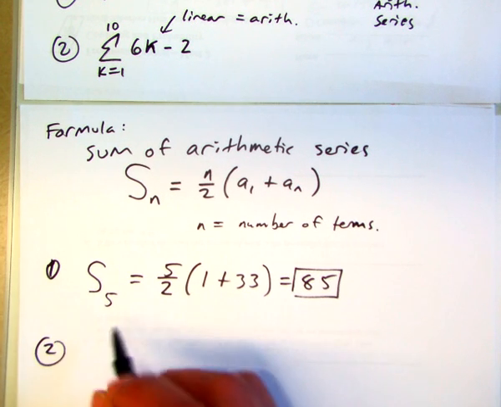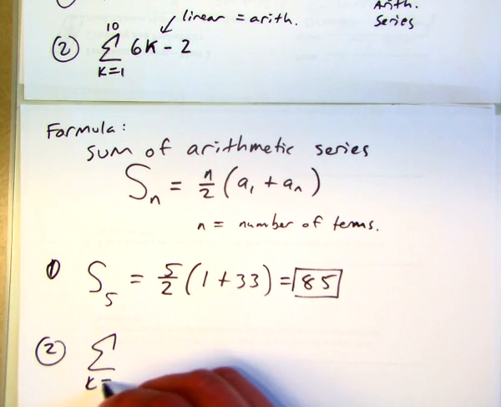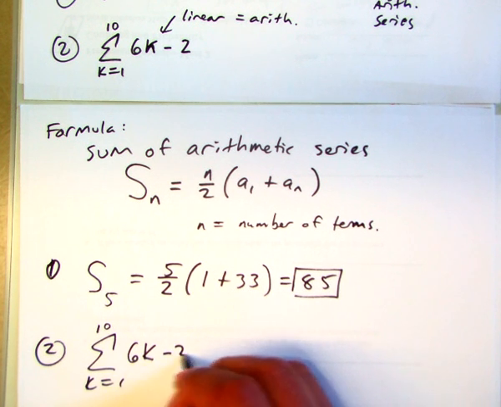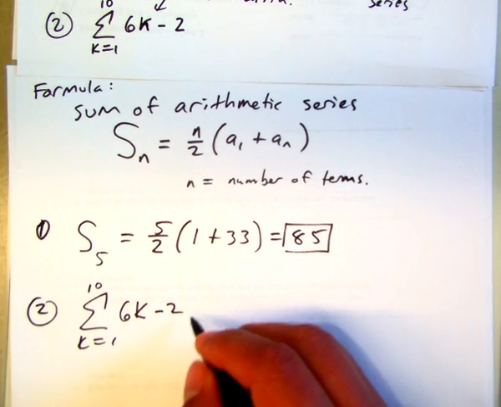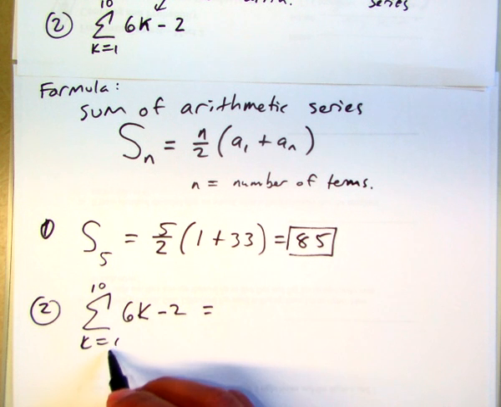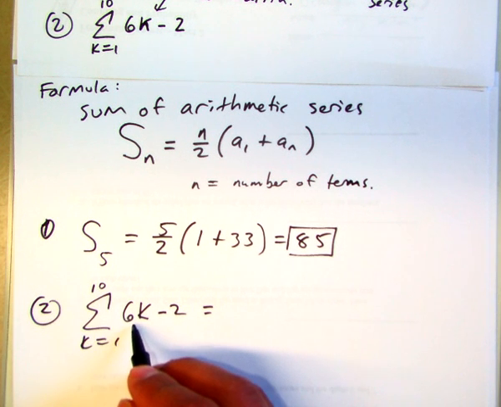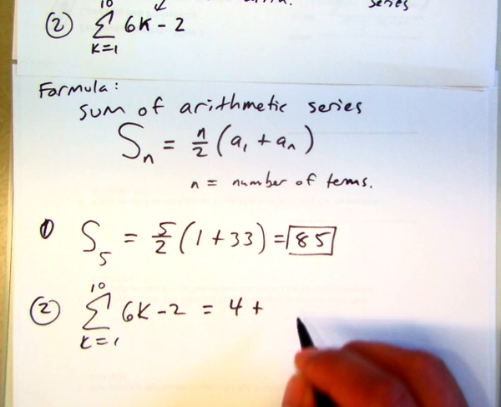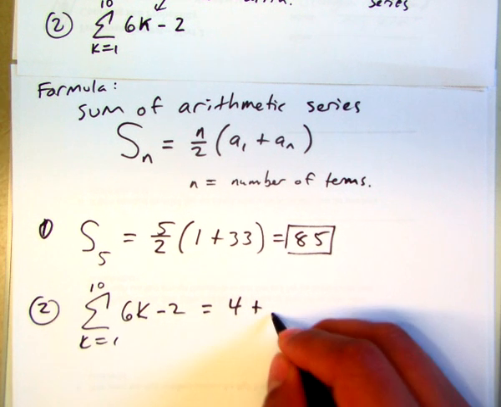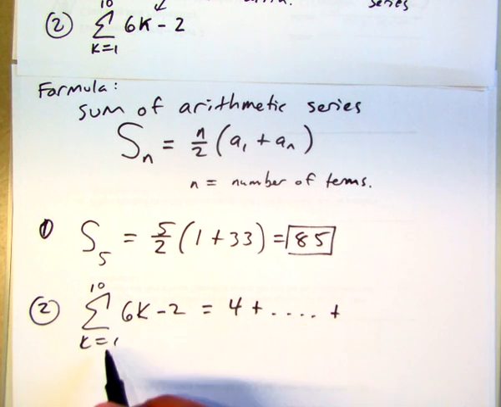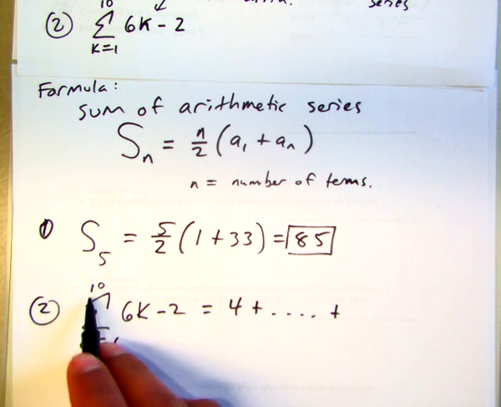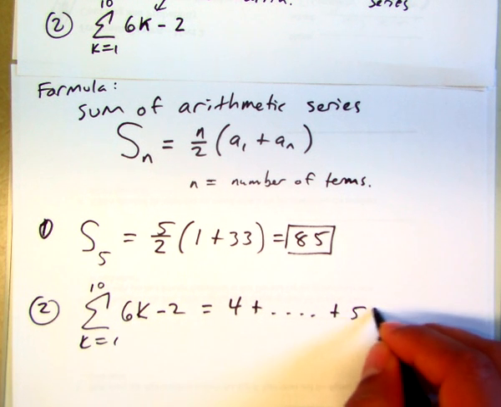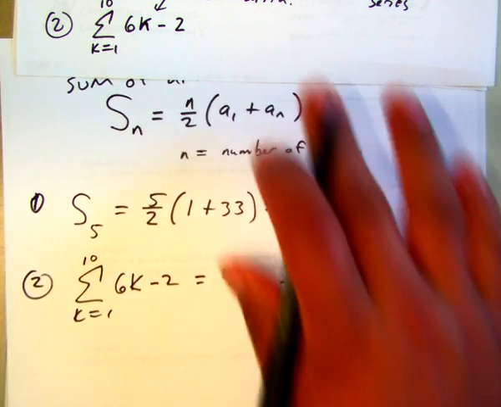Well, we'll do one example here in a minute, but let's finish the second problem. Second problem, we have k equals 1 to 10 of 6k minus 2, so we're doing the sum of all those. If I started to write these out, to get my first term, you plug in 1. 6 times 1 is 6 minus 2 is 4, plus etc. My last term will be found by plugging in 10. 6 times 10 is 60. Subtract 2, we get 58. Okay?